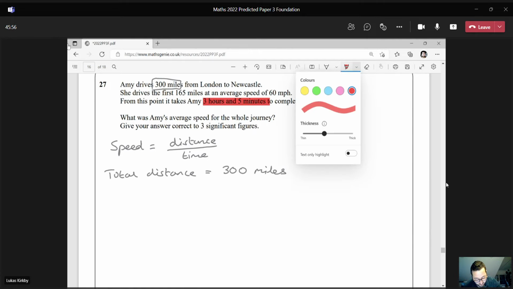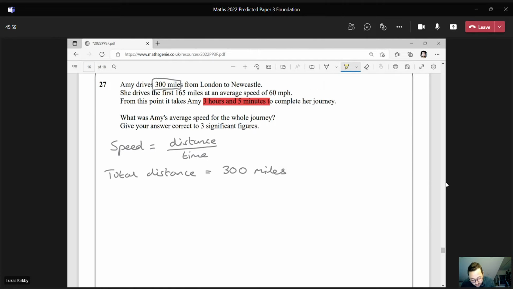So for the first bit of the journey then, they've given us that she drives the first 165 miles at an average speed of 60 miles an hour. But if you think about it, there are 60 minutes in an hour. So if she's doing 60 miles in an hour, that is a mile a minute. So this 165 miles is going to take 165 minutes.